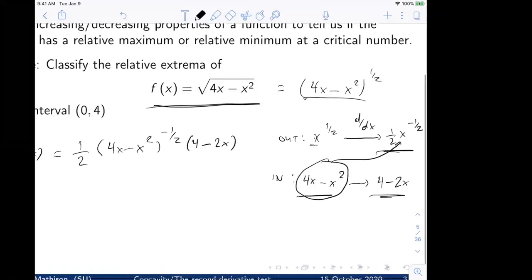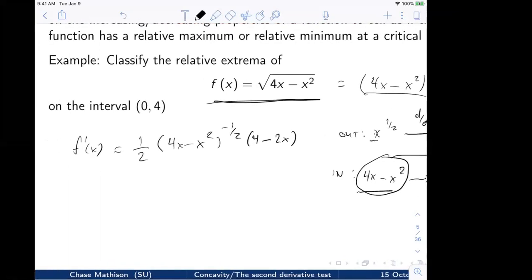There we go. So this is equal to 4 minus 2x divided by 2 times the square root of 4x minus x squared.